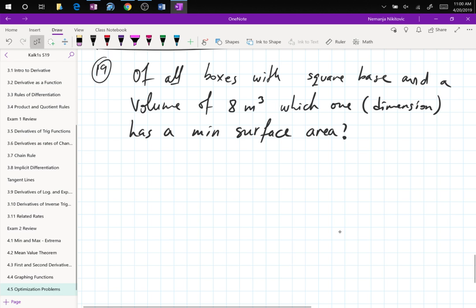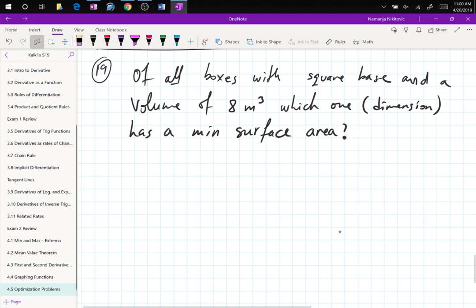You can only work with two variables and then eliminate one and then differentiate, right? So if I have a square base, then that's just going to be x times x. And then the height of the box is y, so I have x and y and we're good to go. If I allow for a non-square base, then I have x, y, and z, and you can't eliminate two variables. So that's the issue in Calc 1.